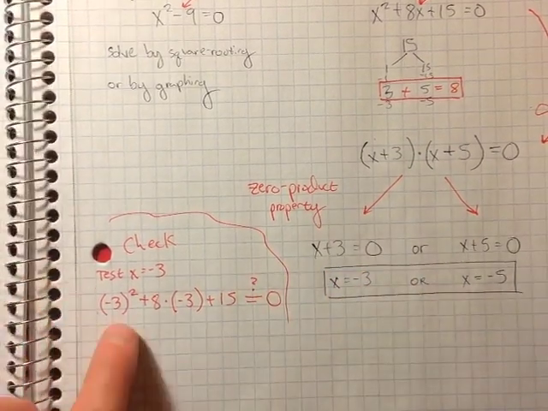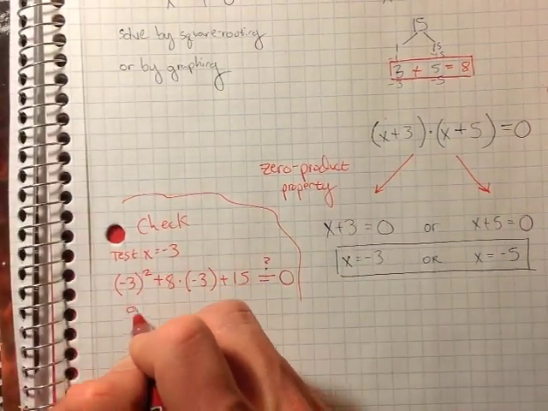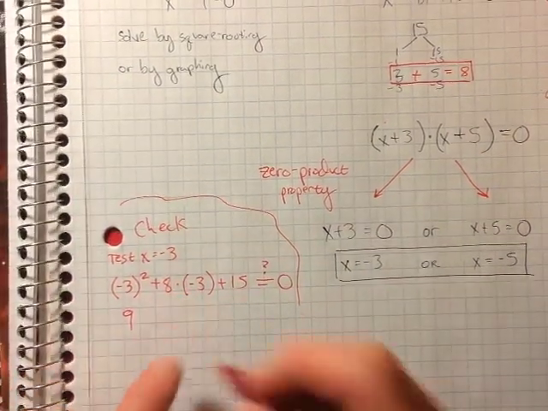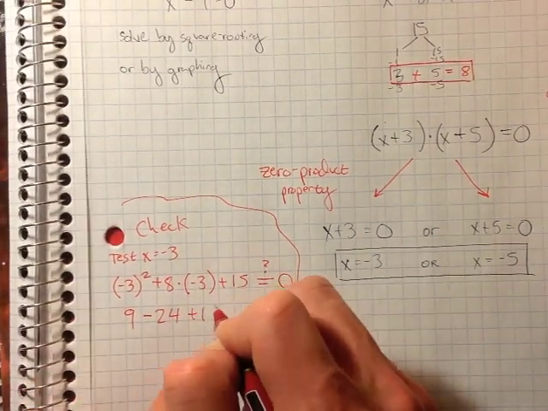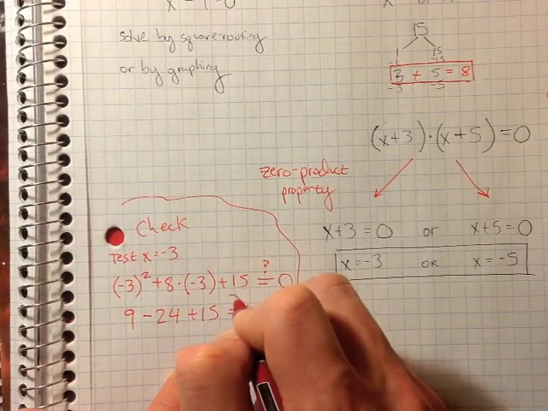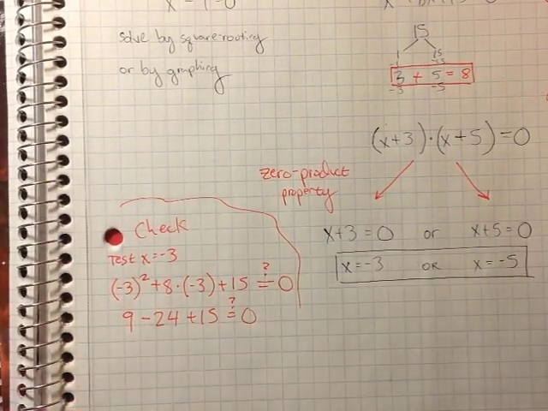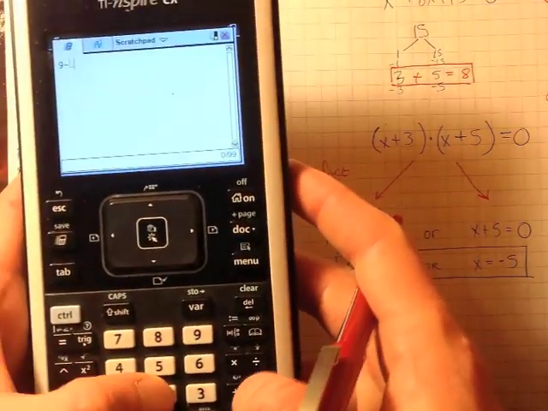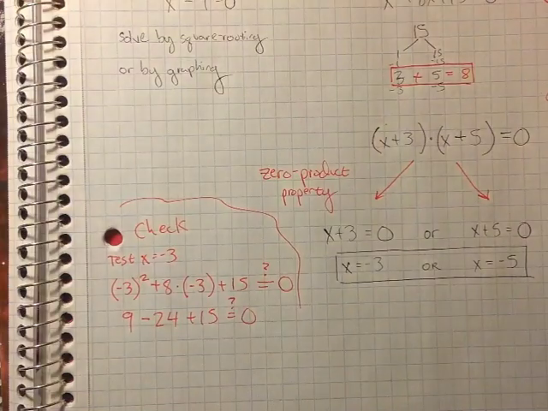Well, let's see. -3 squared is going to be +9. 8 times -3 is -24 plus 15. Now, is it true that 9 minus 24 plus 15 equals 0? Let's see. 9 minus 24 plus 15. Well, yes, it is. It is equal to 0.